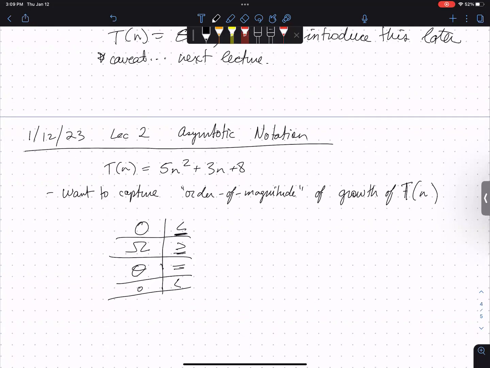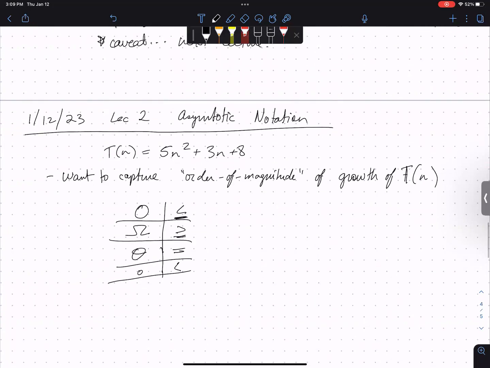So again, what do I mean by order of magnitude of growth? If I just make a simple table with one column being n, and try n as 4, 8, 16, so I'm doubling here every row, doubling the input size of the previous row.